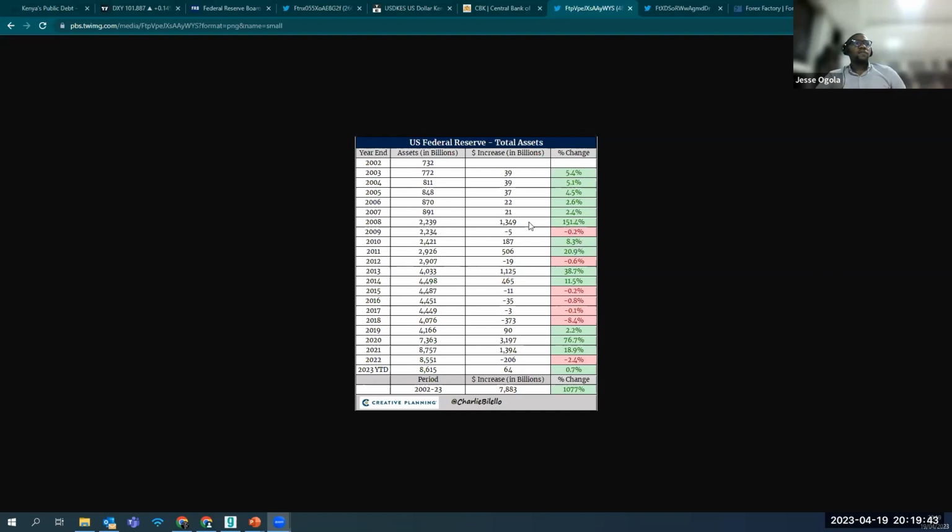Now, when there is a financial or liquidity crisis, that means that the assets are there. It is just that there is no significant yield compared to the demand for money from the economy.